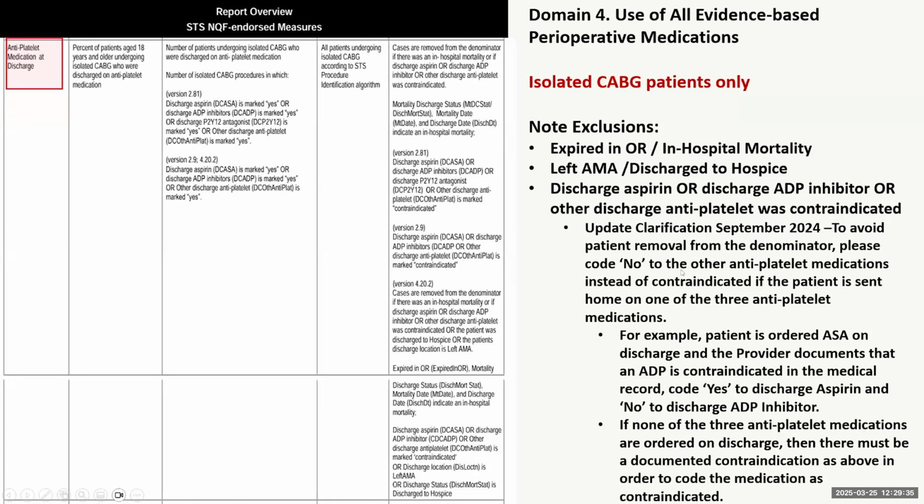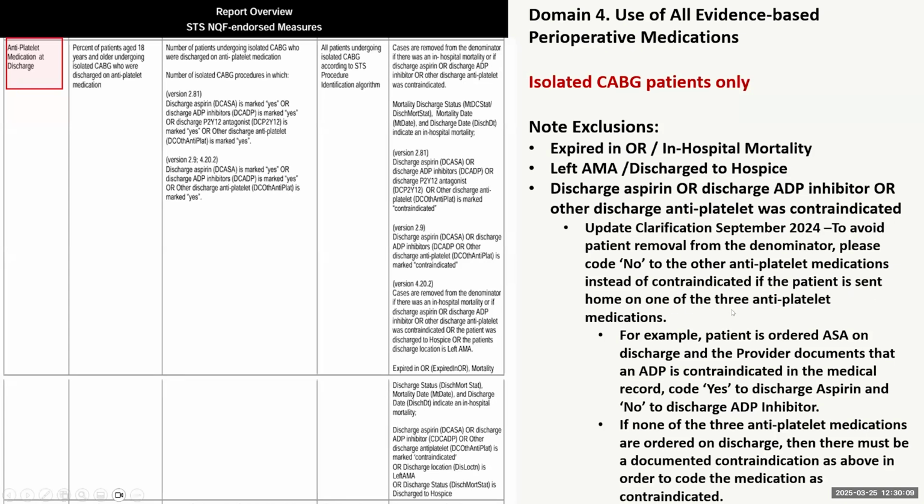We recently added some language in the training manual because we discovered that if you marked contraindicated for either one of these, your patient was removed from the metric. So to avoid patient removal from the denominator, please code no to the other antiplatelet medications instead of contraindicated if the patient is sent home on one of the three antiplatelets.